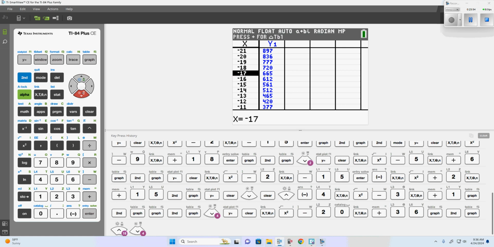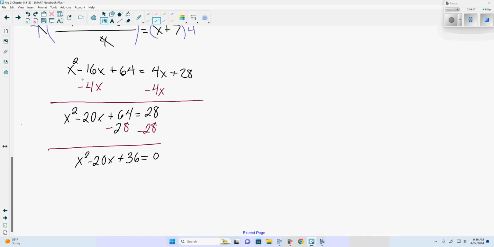Well, negative 18 does not give us 0. And 18 we also get 0. And 18 and 2. Yes, and we will need to check these. So we get 18 and 2.